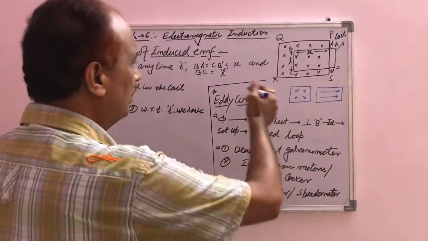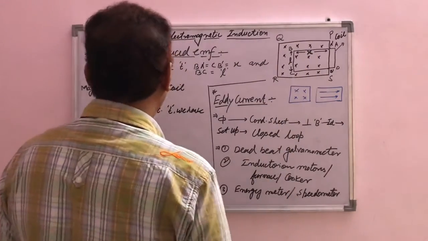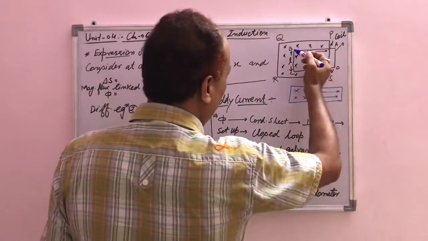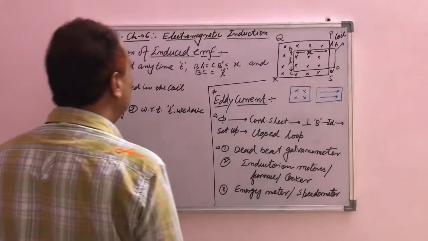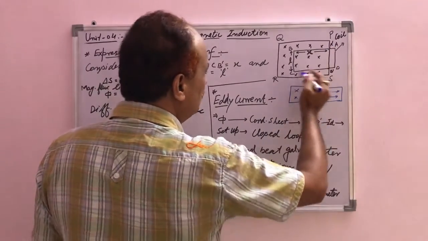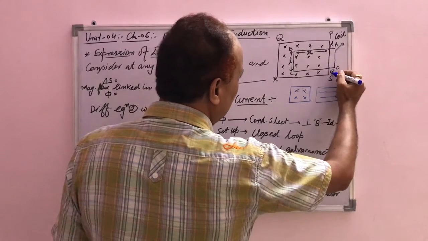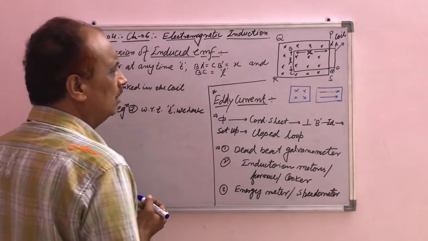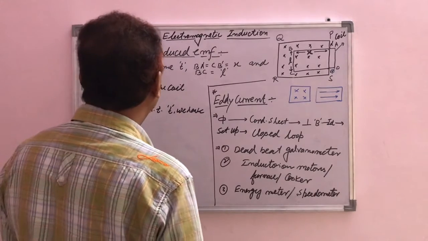So PQRS is an area of the magnetic field. Now we have to consider a rectangular coil ABCD. At any instant of time t, the area A'BCD' is inserted in the magnetic field.